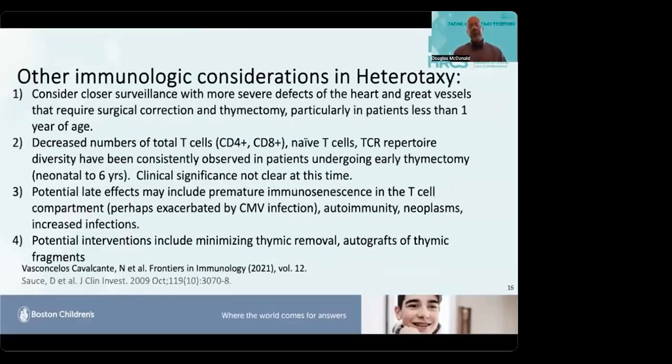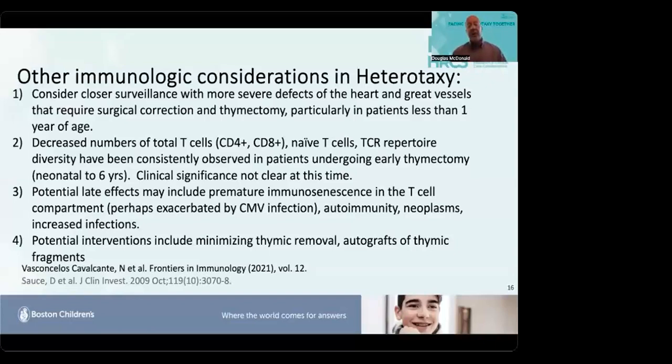So some other immunologic considerations for our heterotaxy patients include the possibility of impaired T cell populations. And for patients who have the more severe heart defects and have required surgical correction and thymectomy, they can be particularly susceptible to T cell lymphopenia, particularly in patients who have had thymectomy under a year of age.